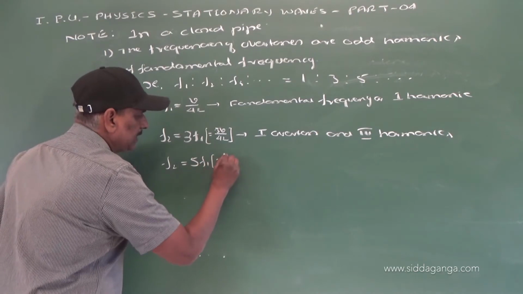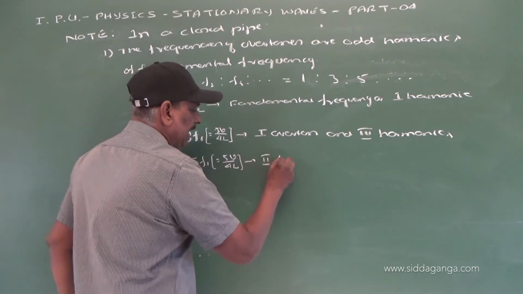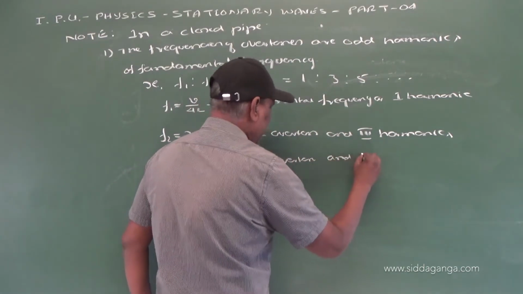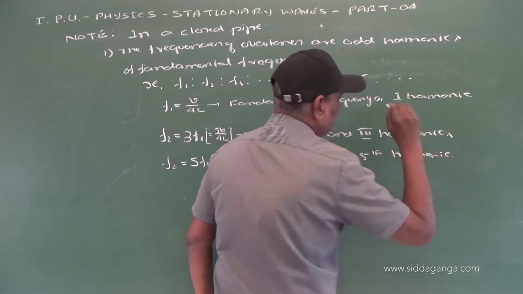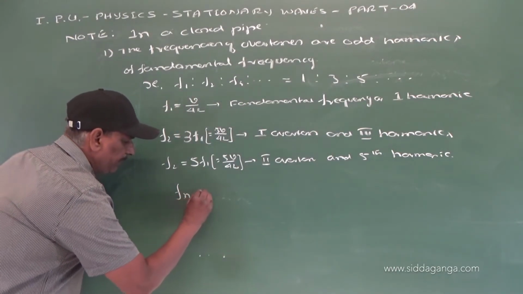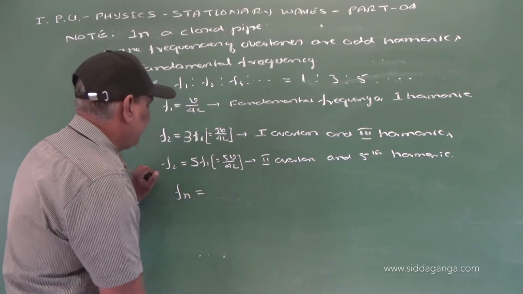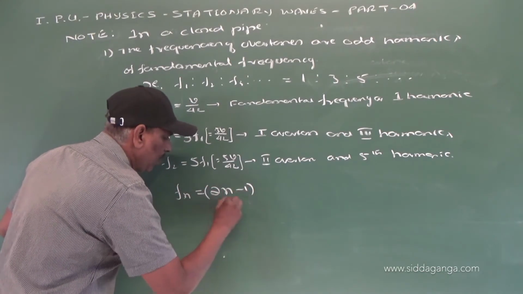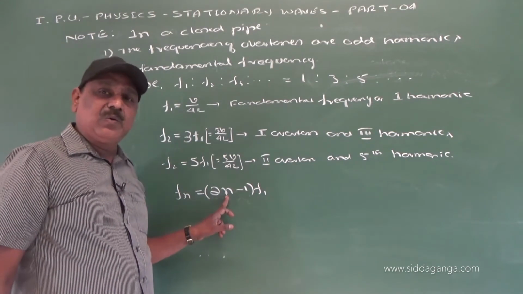So F2 is equal to 5F1, that is equal to 5V by 4L, and it is called the second overtone and the fifth harmonic. Now, in general, the frequency of the nth harmonic, Fn, is equal to (2n minus 1) into F1, where n is equal to 1, 2, 3.